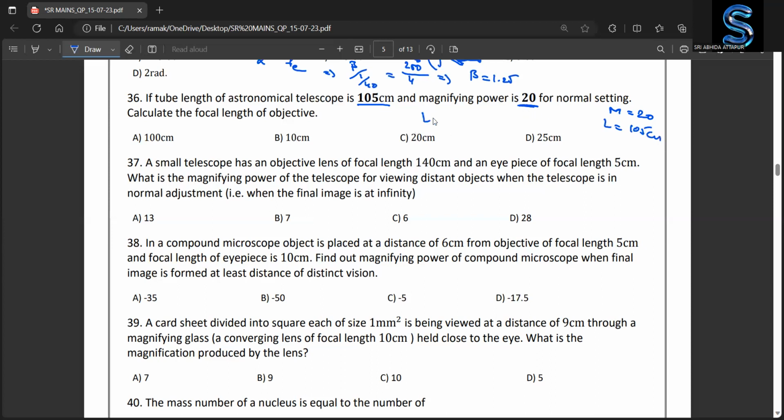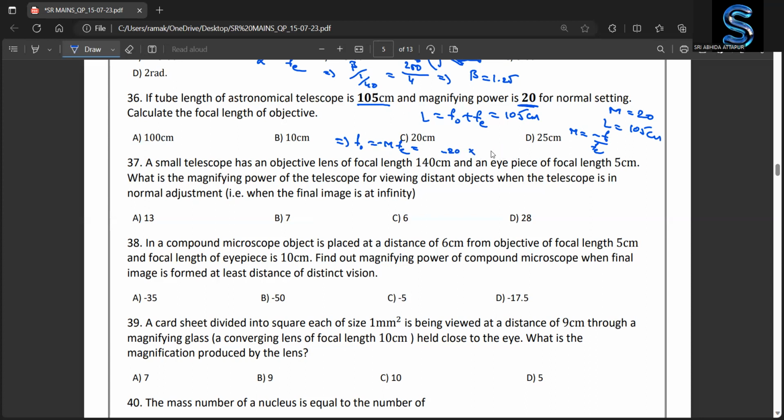Here we know that L is equal to f naught plus f e, which is equal to 105 centimeters. And we know that the magnifying power M is equal to minus f naught by f e. Then f naught is equal to M into f e, which is minus 20 into the focal length of the eyepiece, based on this equation.